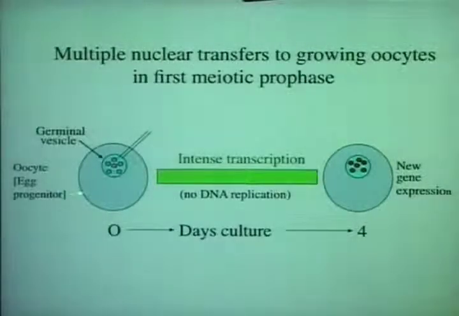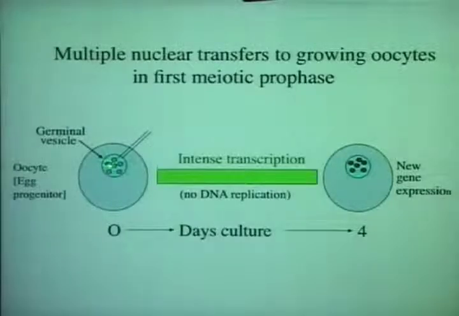Here is what I call an oocyte, and actually it's an egg progenitor, the growing egg cell in the ovary, and it's in the first meiotic prophase. It has a very specialized nucleus called the germinal vesicle, and you can inject multiple nuclei into that germinal vesicle.